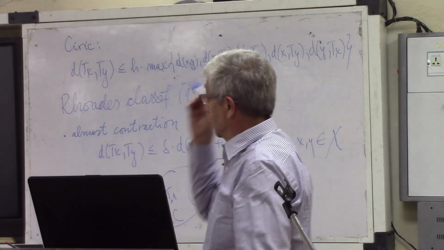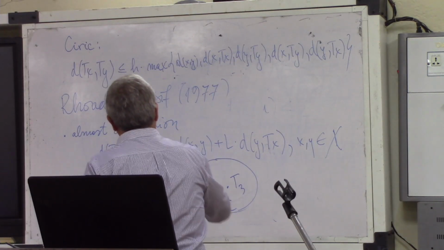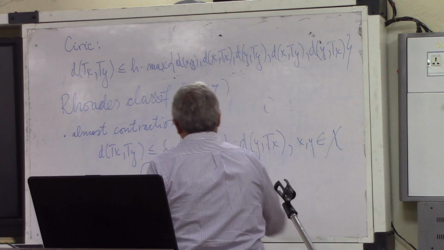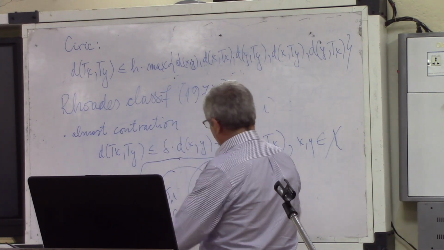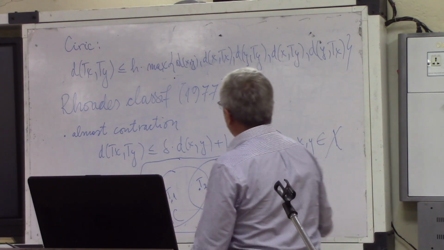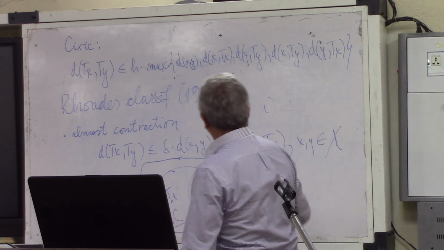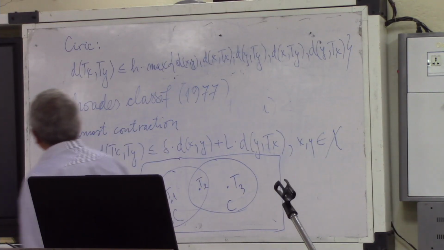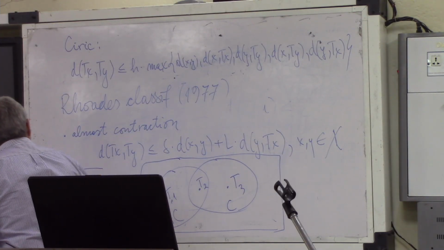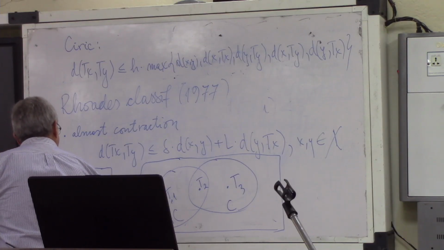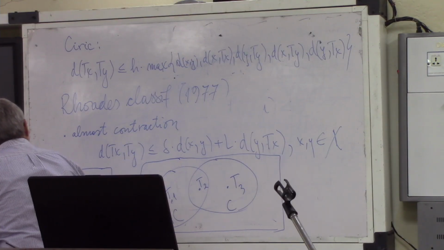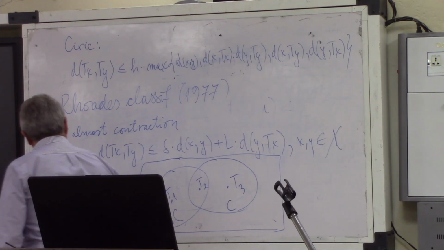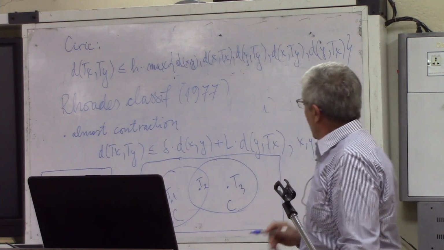So my plan was, is it possible to unify this? This means to obtain a class which will include almost contractions and Ćirić contractions because they are different. This would be similar to how it was done by Ćirić-Reich-Rus when they unified Banach contractions and Kannan contractions. So they unified this. And I tried to do this.